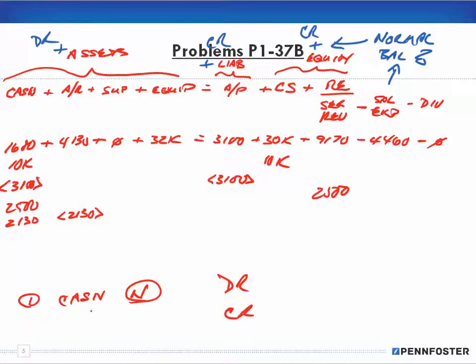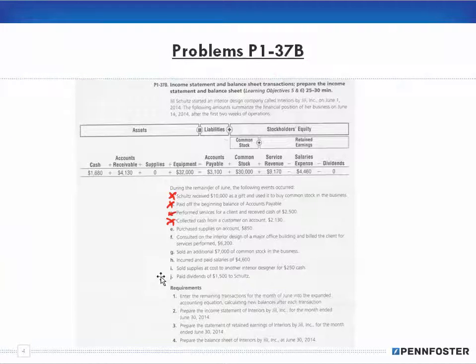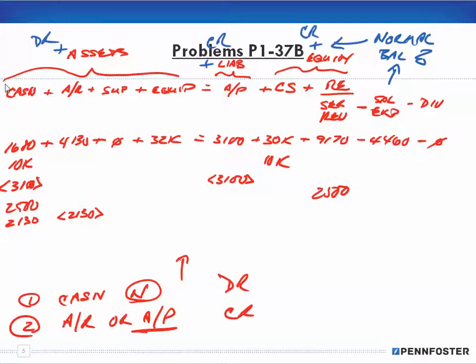So if my answer to that first question is no when making a journal entry, my second question is, am I affecting accounts receivable or accounts payable? And I just explained that I'm affecting accounts payable. Well, my accounts payable is increasing by $850.